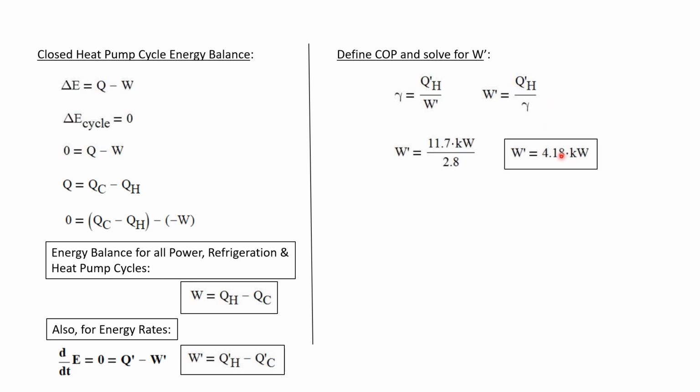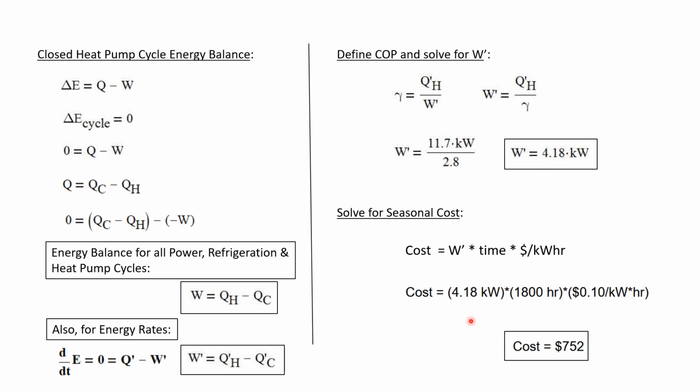Q̇H was 11.7 kilowatts, and the COP was given as 2.8. So we know that the power requirement of this heat pump is 4.18 kilowatts. Now we can write an equation for the cost of operating this: the rate of the power input to the heat pump times the time of its operation times the cost per kilowatt hour.